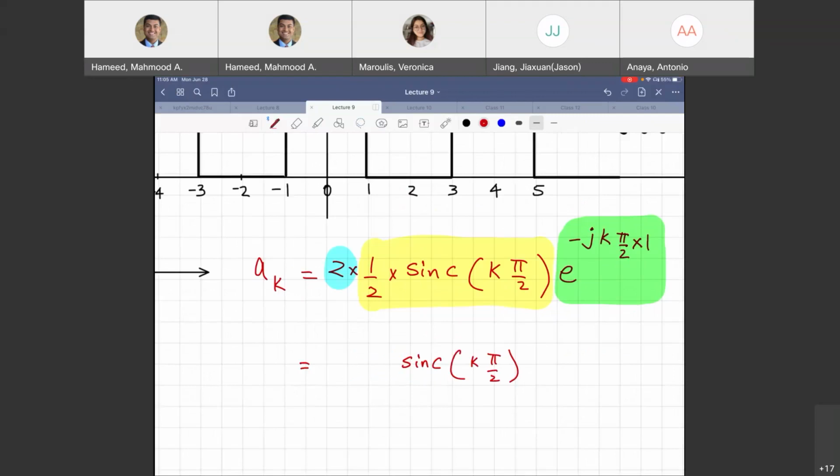What is e to the j pi over 2? Just j. So e to the minus j pi over 2 would be negative j. All right. So what would be e to the minus j k pi over 2?